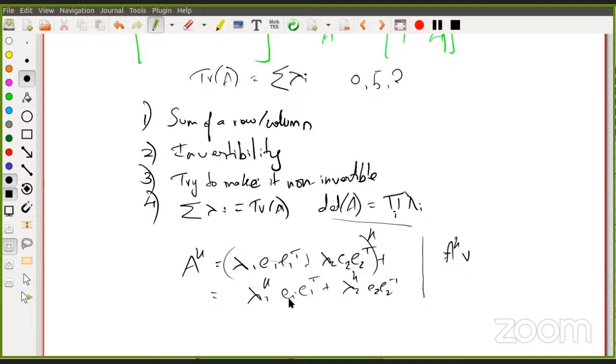So the eigenvalue decomposition gives you a sense for what the matrix looks like. Another way to say it is you're getting a linear combination of rank 1 matrices. Each of these matrices, E1 E1 transpose, E2 E2 transpose, are of rank 1. So if you want to get an approximation of the matrix, you only have to take the first few largest eigenvalues.